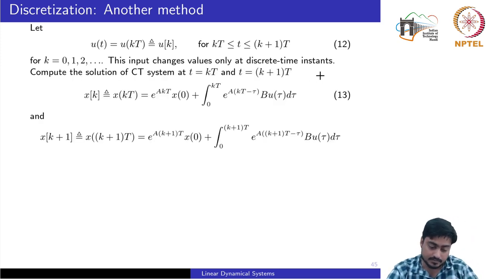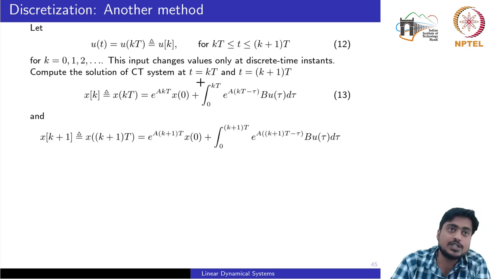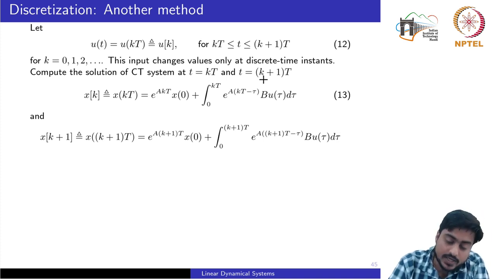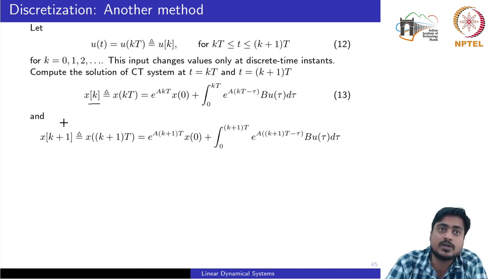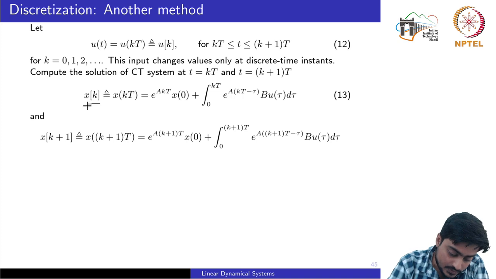So let's see. I compute the solution at t equal to kT and also at t equal to (k plus 1)T. I am using this notation in the square brackets just to explicitly denote that we are dealing in discrete time. So we have this x of k, which is equivalent to x of kT.